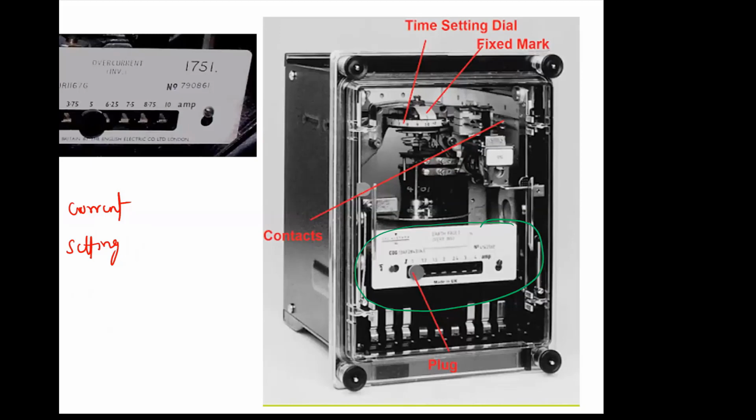The other one, there is one more dial here. This is the time setting dial, which you can use to change the TMS value. This is a knob that tells you whether the relay is in operating condition if it is white. If this knob falls and becomes red, that means there will be a red indication that the relay has tripped.